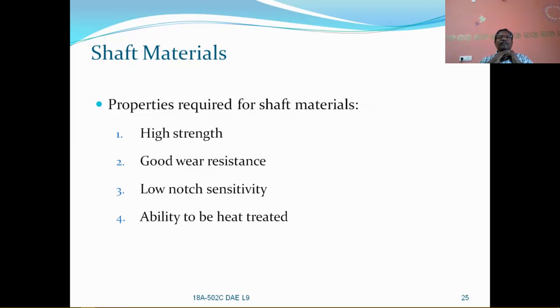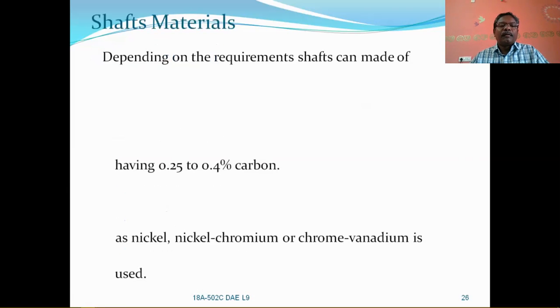So it should have the ability to be heat treated and good machinability also. These are the properties required for a good shaft material.